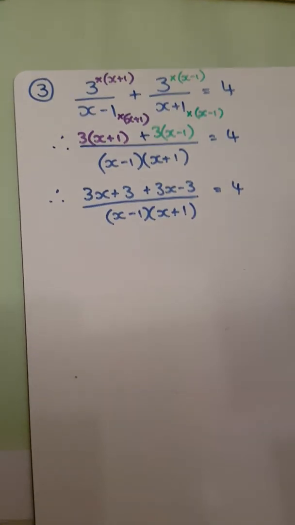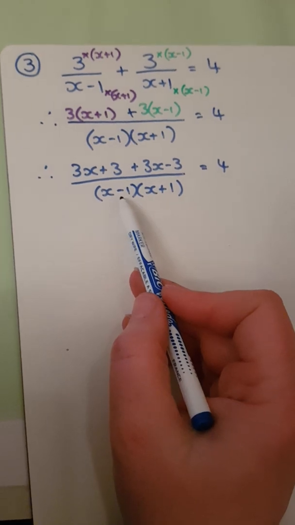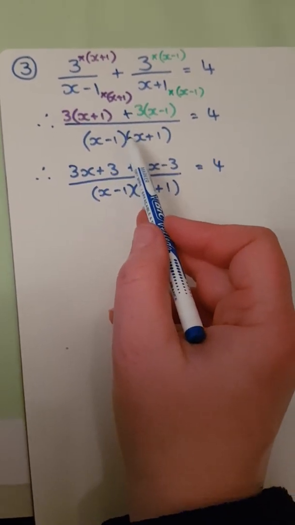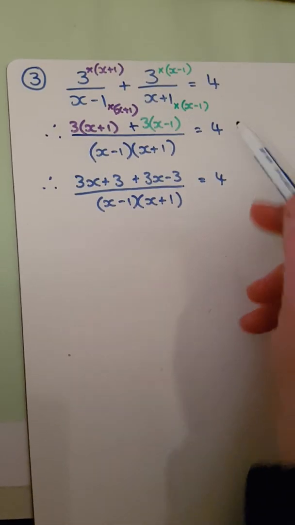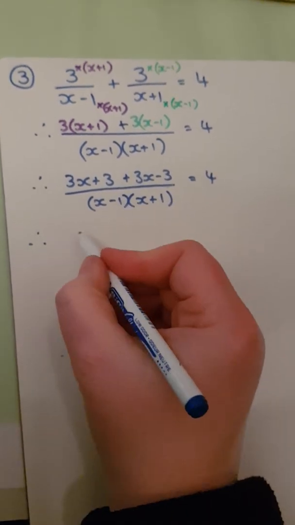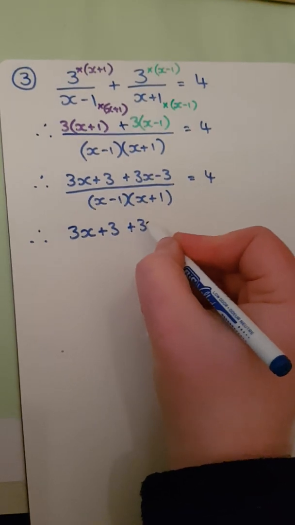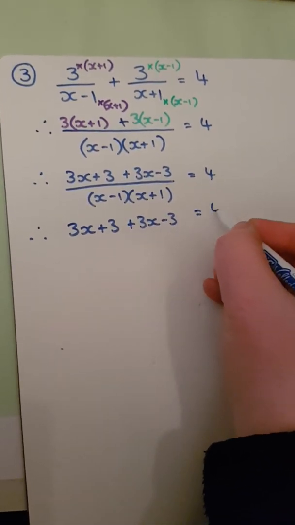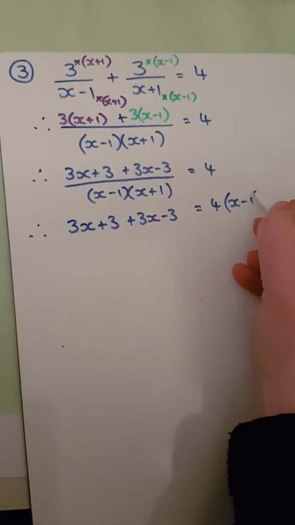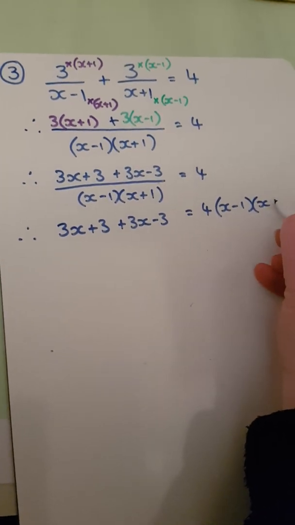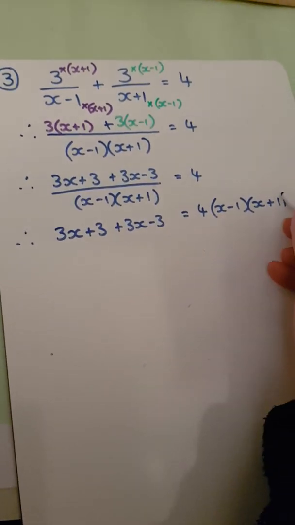But in all honesty, I didn't need to write that denominator there because I had that single algebraic fraction here. So I could have multiplied across and I could have straight away written this line, 3x plus 3 plus 3x minus 3 equals 4 into x minus 1, x plus 1, and that just fits.